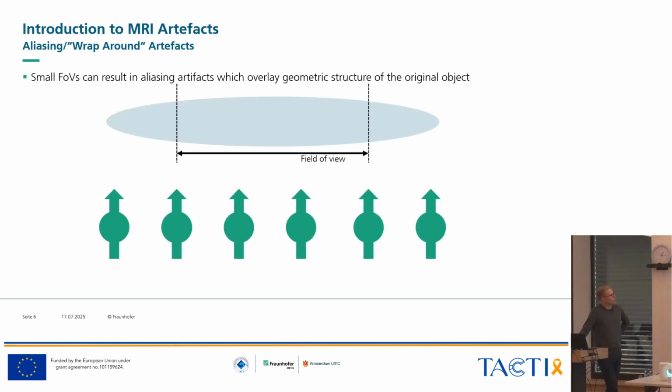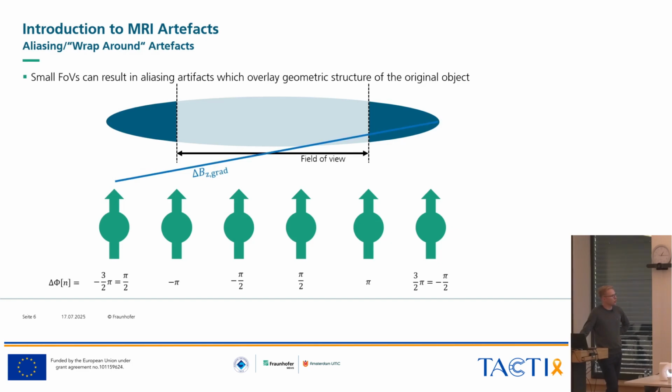So now you could consider what happens if you have a field of view which is too small. As I said, your object extends over the edges of the field of view. That means you have parts of the object which are not encoded inside the field of view, and you have your linear gradient which should somewhat encode the object. So you could again calculate how these phase factors should look like.